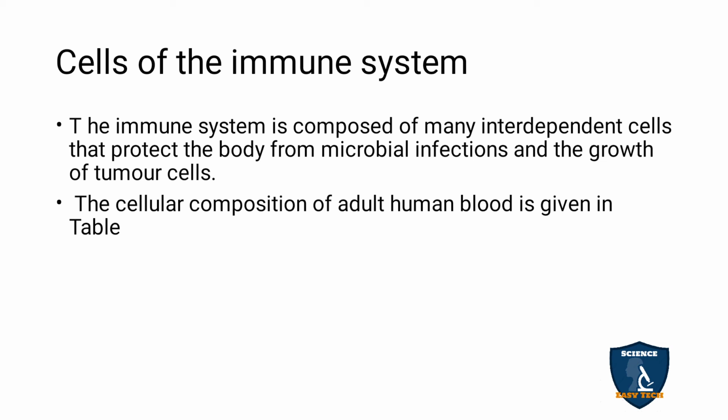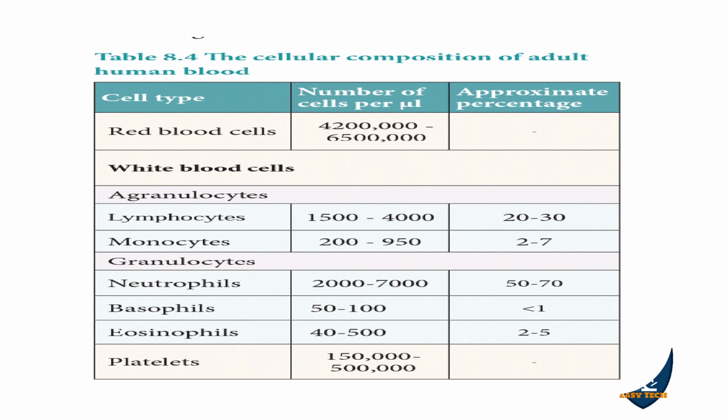Okay, the cellular composition of adult human blood is given in the table. So it has three columns: cell type, number of cells per microlitre, and approximate percentage. RBC or red blood cells: 42 lakhs to 65 lakhs.